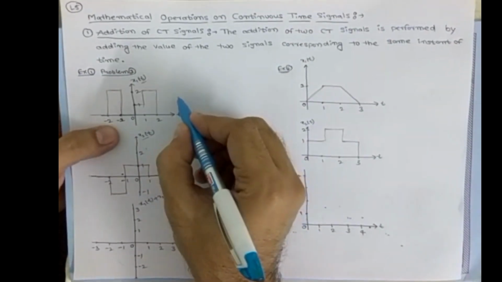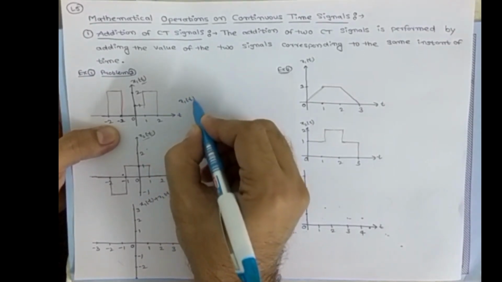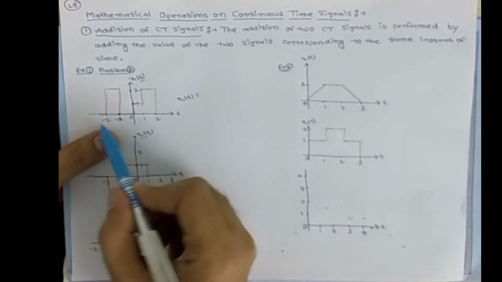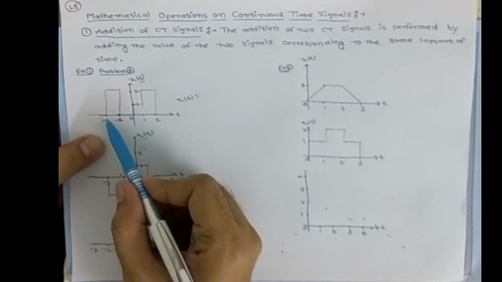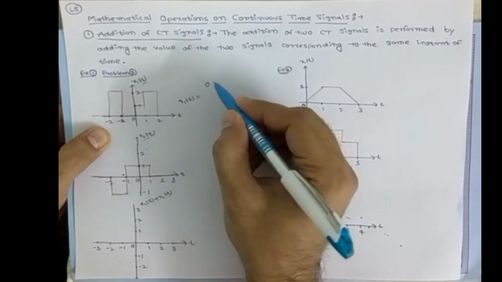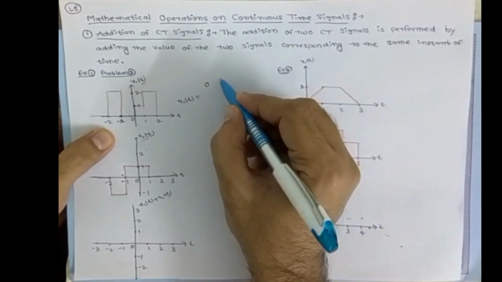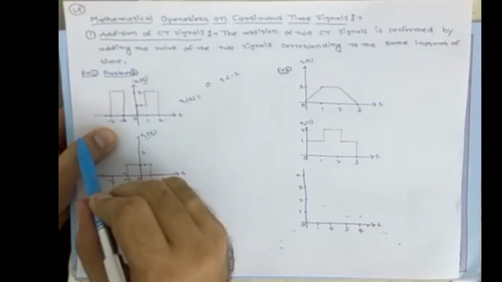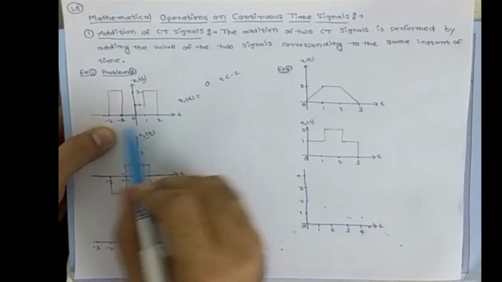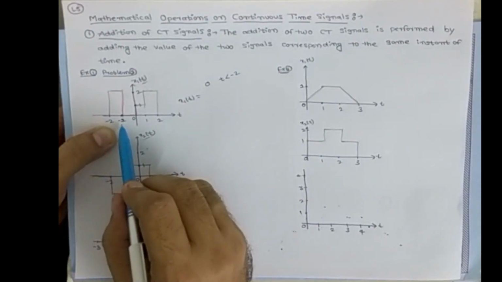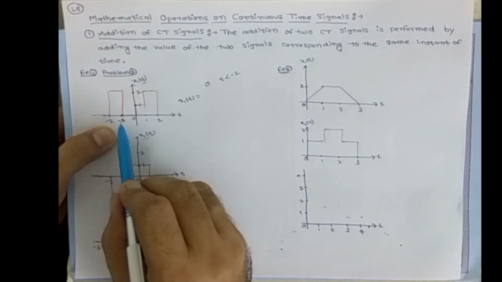So x1 of t is equal to 0 from minus infinity to minus 2, that is, the signal is 0 for t less than minus 2. From minus 2 to minus 1 it is 2.